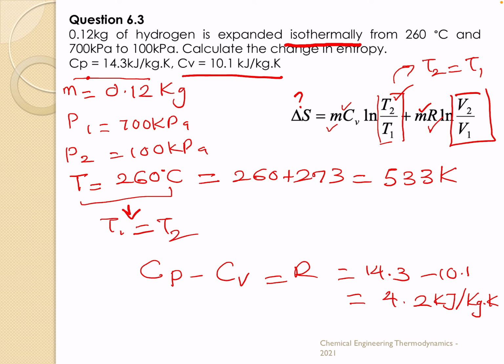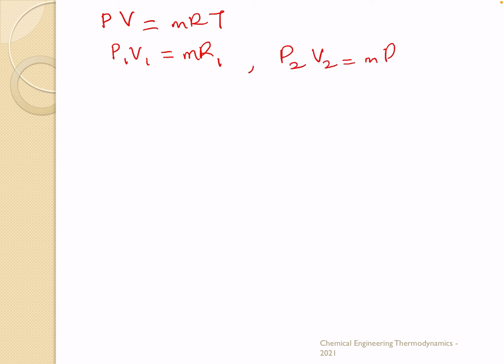But the question is, how about the V2 over V1? So again, we go back to the equations we've been provided in chapter 5. One of the equations, which is the general equation for these processes, is PV equals mRT. And remember, we also know based on this, P1V1 equals mRT1, and same, P2V2 will be equal to mRT2, because R is a constant.